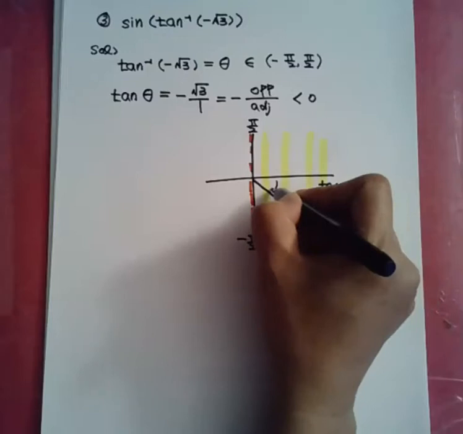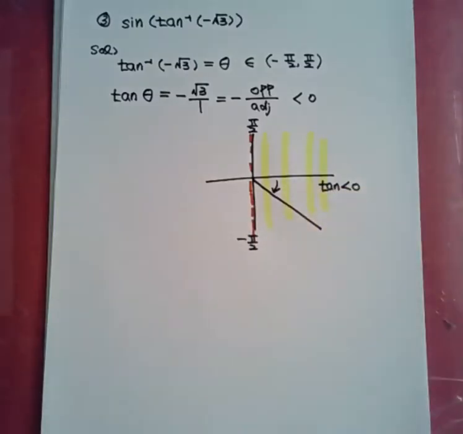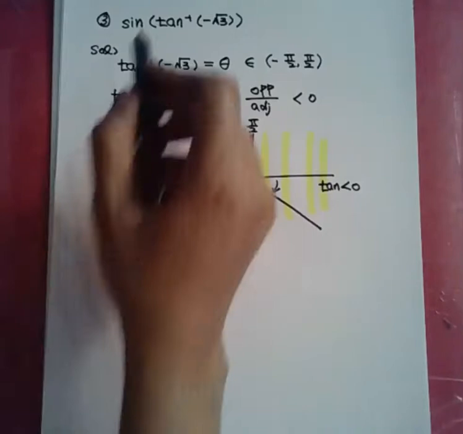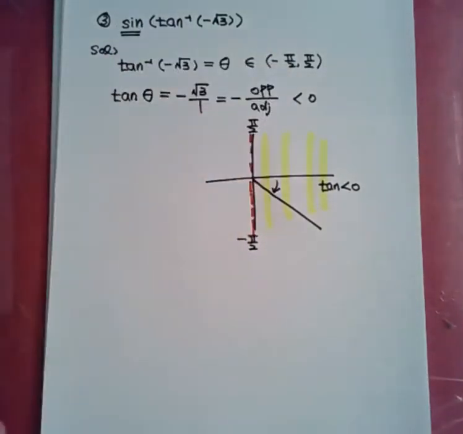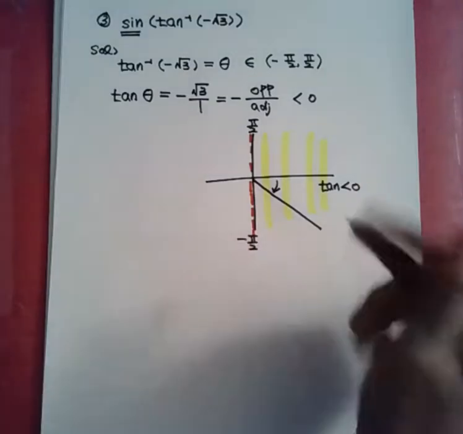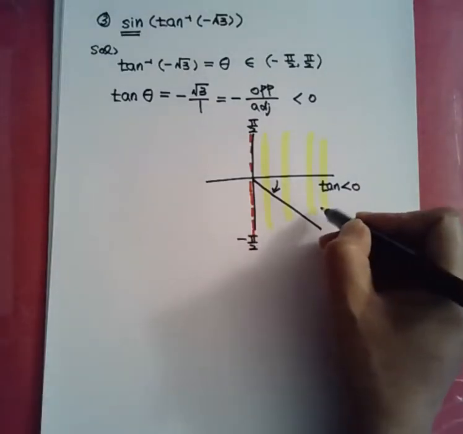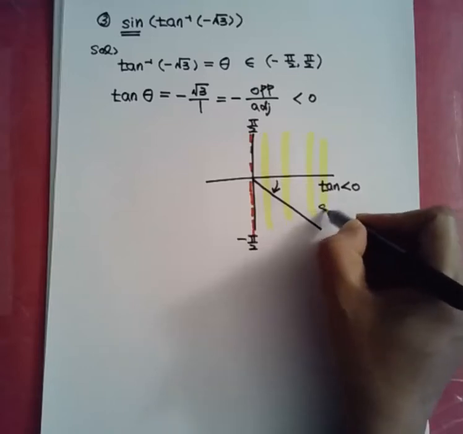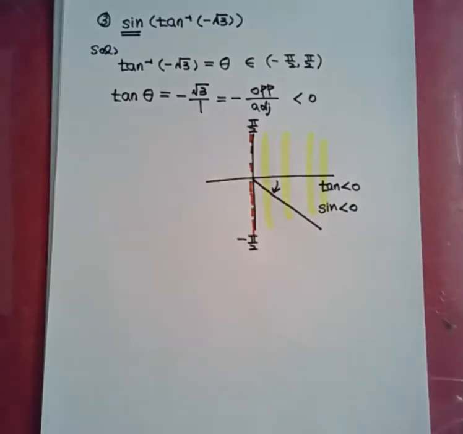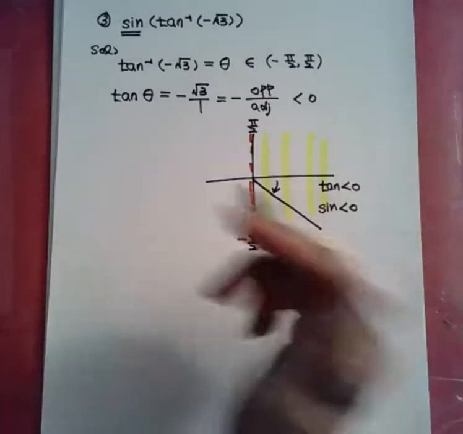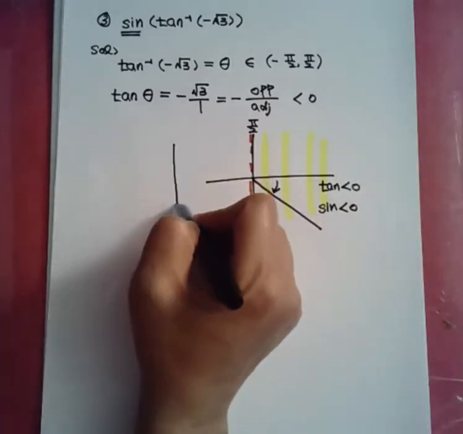If you look at the problem, not only tangent, but also sine is involved. So it is good to think about the sine value in the fourth quadrant. Y values in the fourth quadrant are negative, so sine is negative. That means the final answer will be a negative value. Let's forget the sine. Let's just think about the reference triangle.